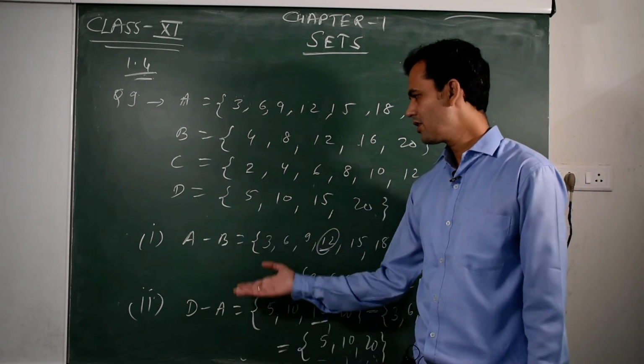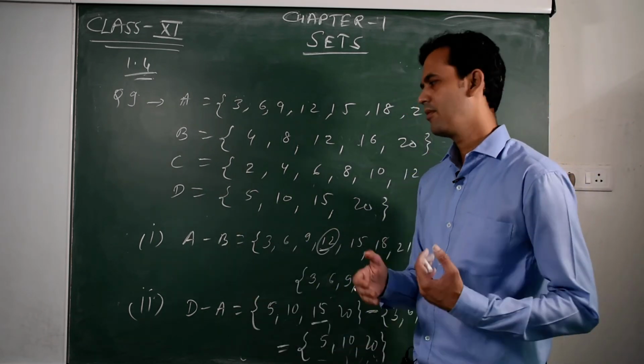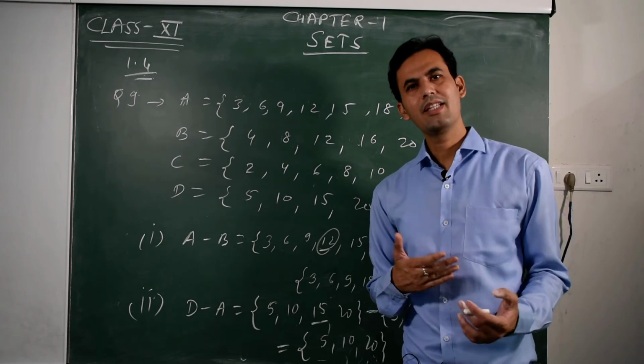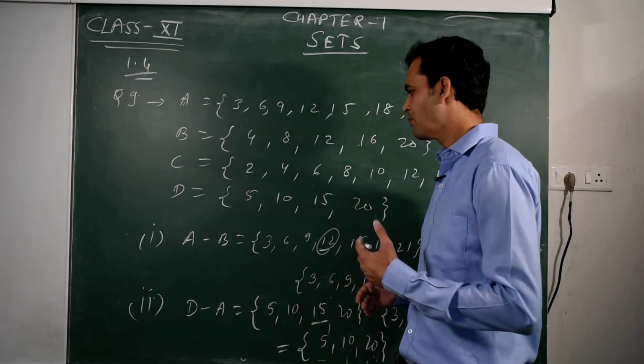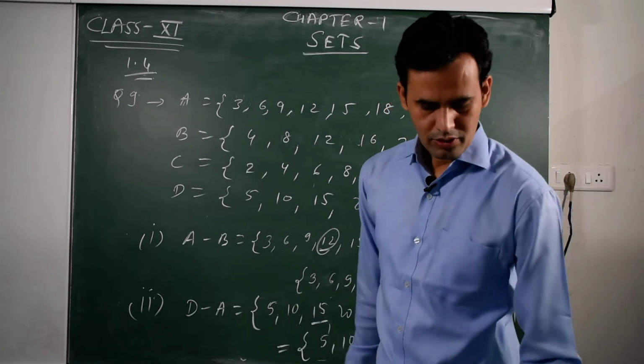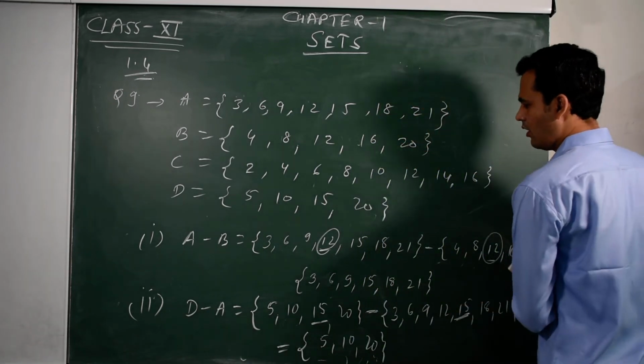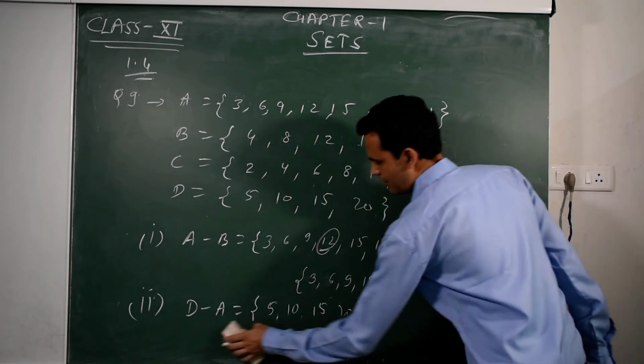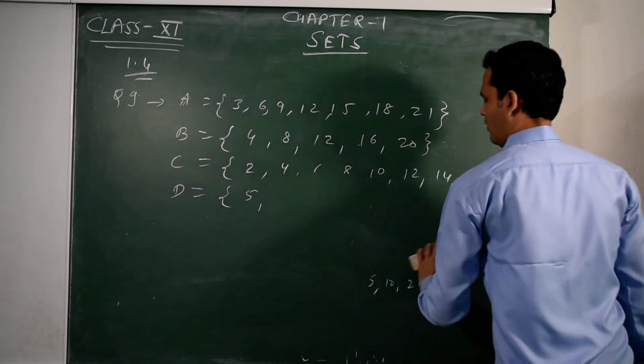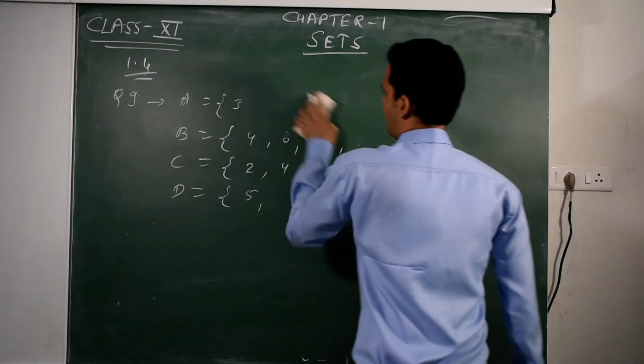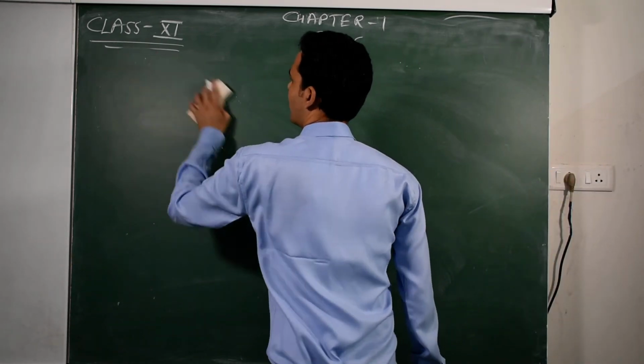So you can easily find all the differences: A minus B, B minus C, B minus A, D minus C, D minus A and so on. So this is called difference of set. Now universal set. Next topic is universal set.